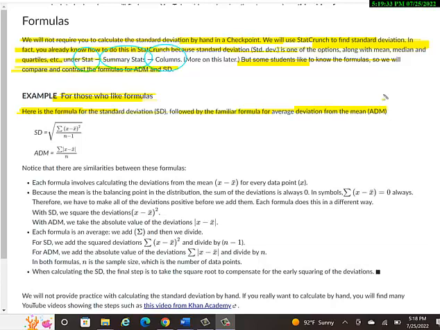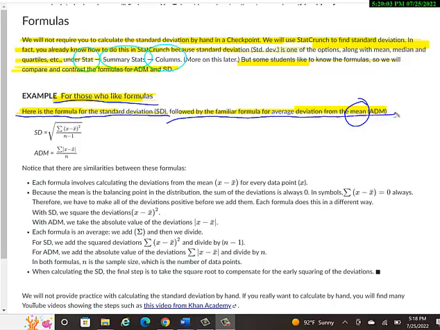Even though you wouldn't have to do it by hand, in this class or in real life, we'll talk about the formula.